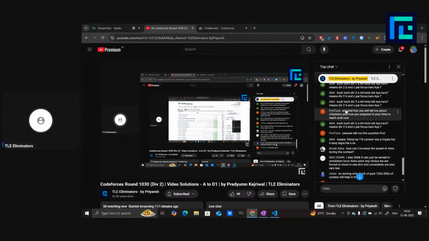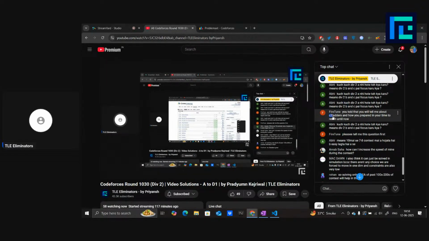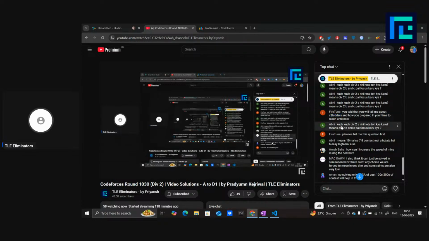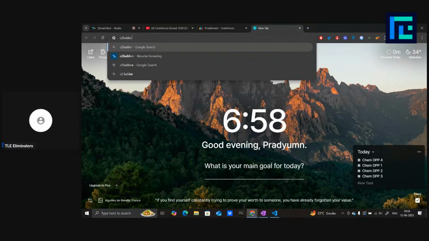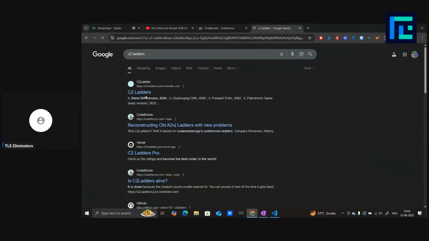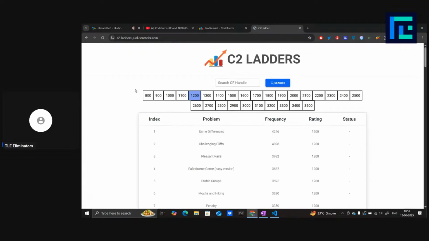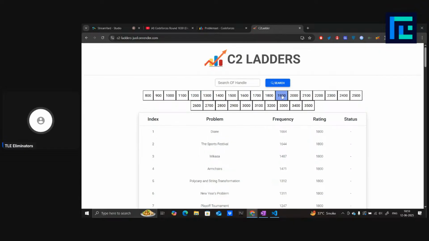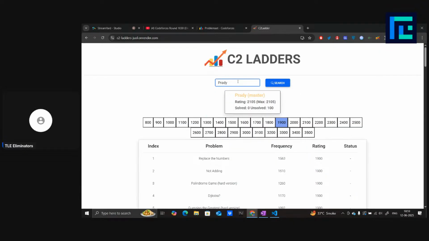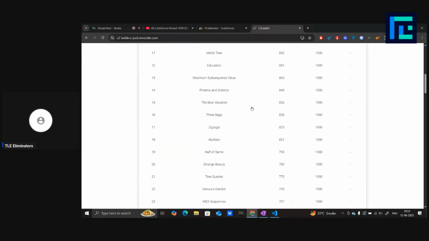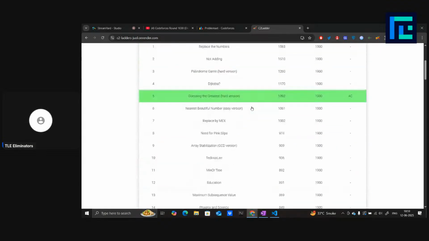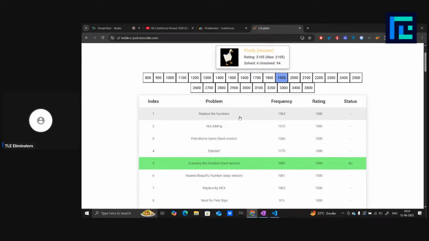Okay, C2 ladders. Actually, I do not remember this. I haven't actually done C2 ladders myself. I have never done this, so as you can see, I have not solved this ladder, so I cannot comment on the quality of these problems.